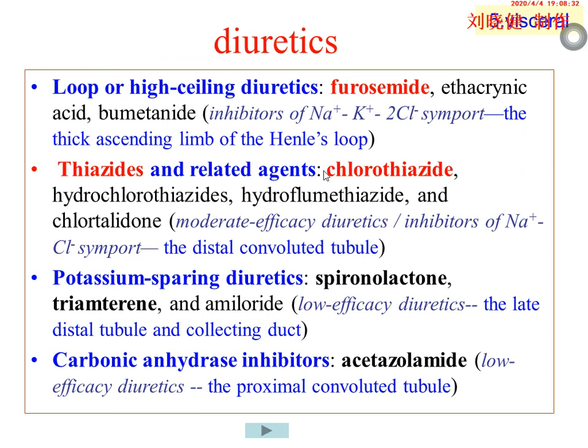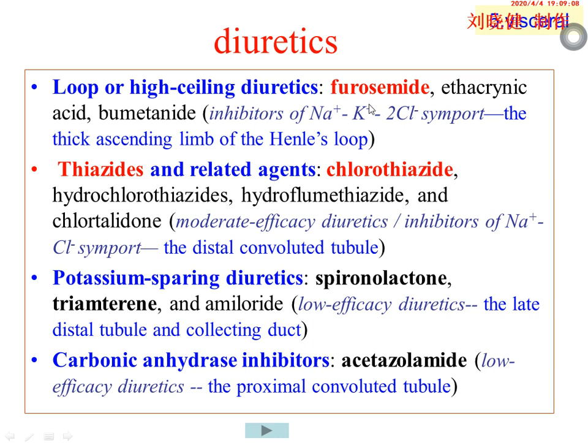Diuretics. In this chapter, you also studied many drugs, including high-ceiling diuretics, thiazides, potassium-sparing diuretics, and carbonic anhydrase inhibitors. These two groups are relatively more commonly used.